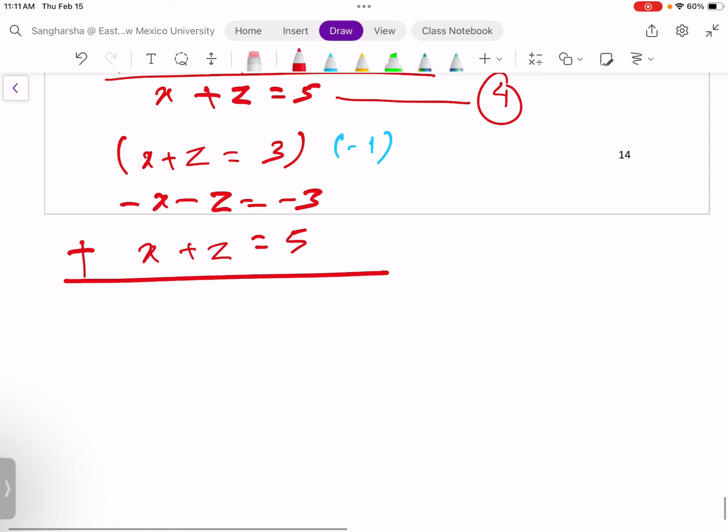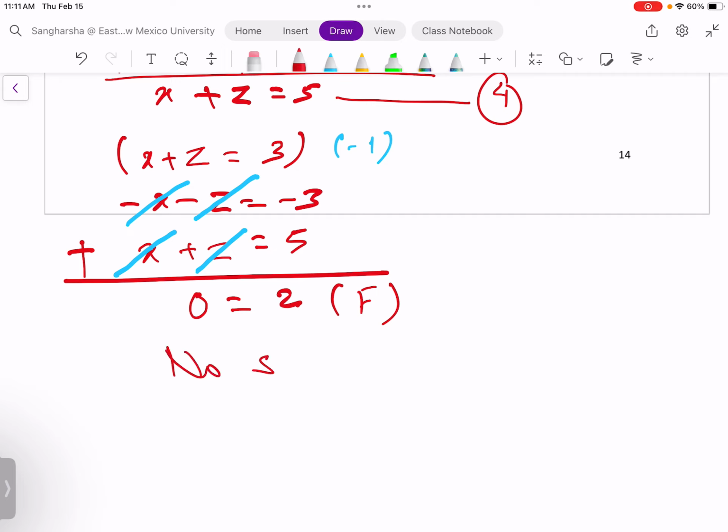Now -x plus x is 0, -z plus z is 0. So we have 0 on the left and 5 minus 3, which is 2. And we have 0 equals 2, which is not true. It means there is no solution. Okay, so this is false. So this linear system has no solution here.